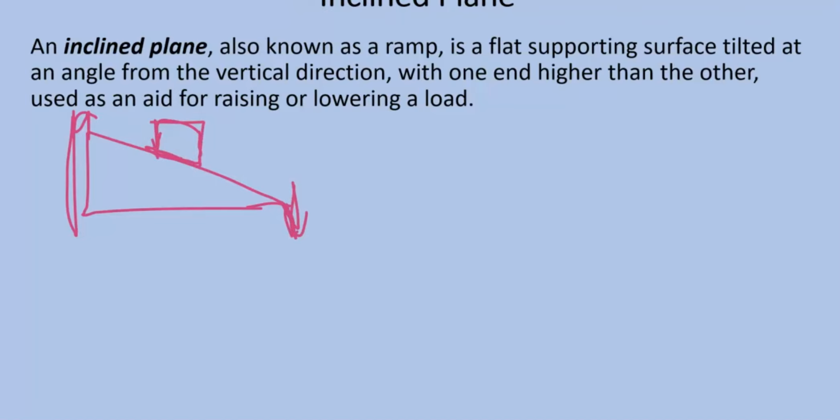From this description up above, it says an inclined plane is also known as a ramp. It's a flat supporting surface tilted at an angle from the vertical direction, with one end higher than the other, used as an aid to raise or lower a load.